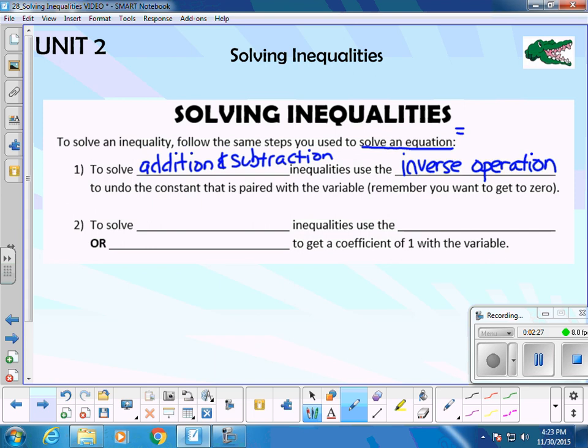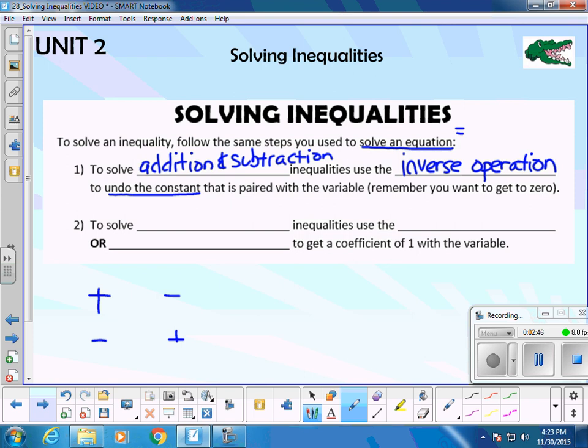This isn't on your notes, but just think the inverse of addition is subtraction. The inverse of subtraction is addition. And that undoes the constant that is paired with the variable. Remember, we want to get to 0 because we want to just have the variable by itself.